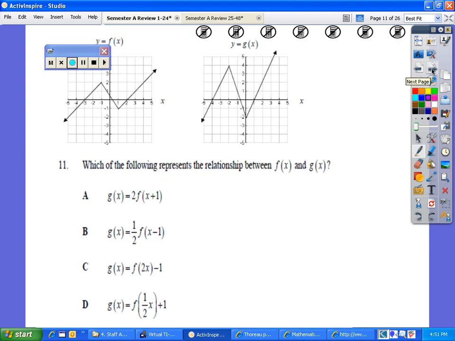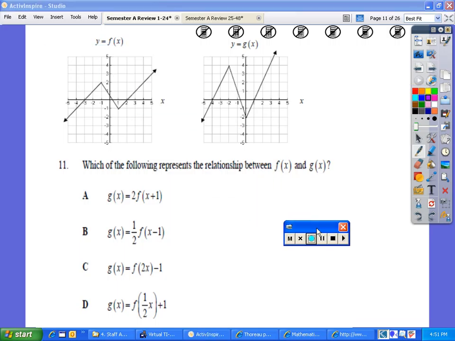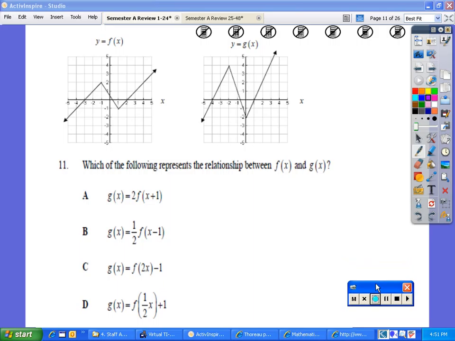All right, number 11, which of the following represents the relationship between f of x and g of x? Remember, we did have a test on this a long time ago, in which we just gave you the graph, and then we told you what the translation was, and you had to change the graph based on that. So if you look at the first graph, this is f of x, and this is g of x.